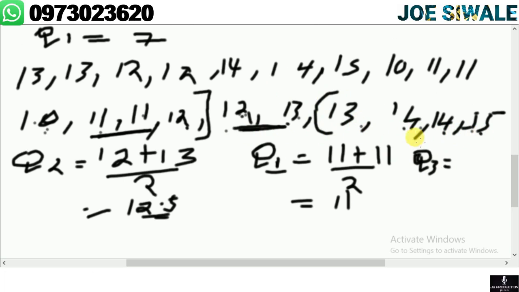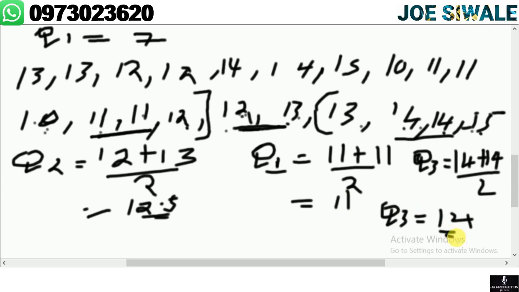And as you can see, the two numbers that are in the middle, we have 14 and 14. So we're going to say 14 plus 14 divided by 2. So our Q3 will be 14 plus 14, that's 28, divided by 2, that's 14. So that's how you can calculate Q1, Q2, and Q3.